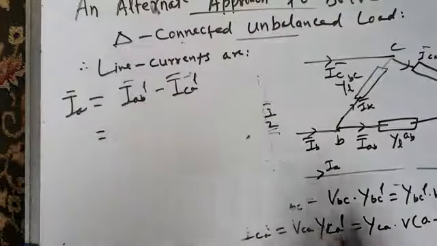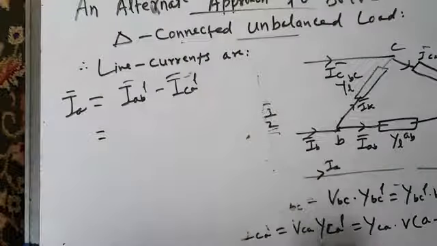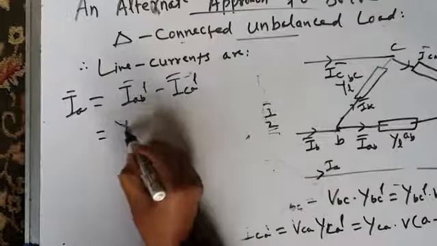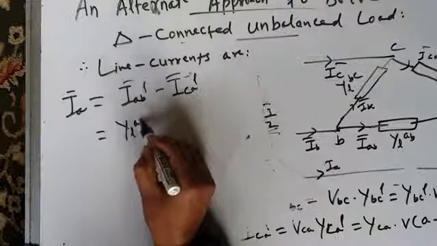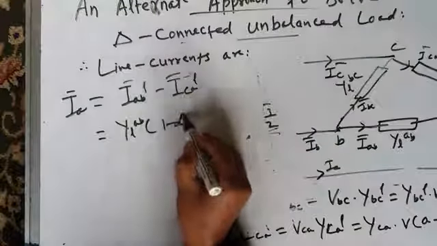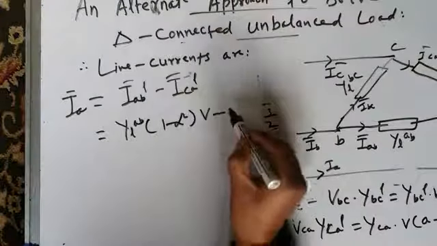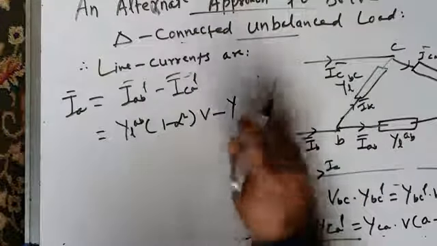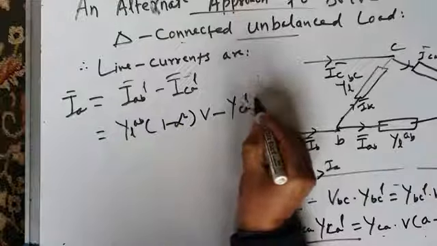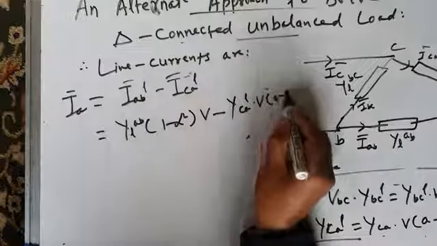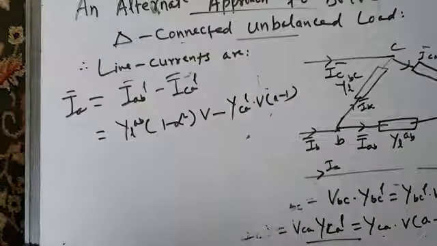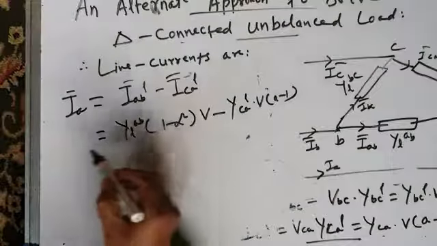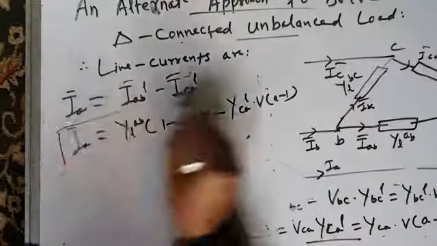IABL you found a little while ago. What is IABL? That is YLAB into 1 minus alpha square V, minus ICAL, it is YCA into V into A minus 1. Okay. So this is your IA.